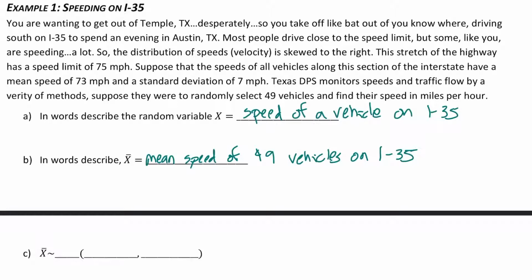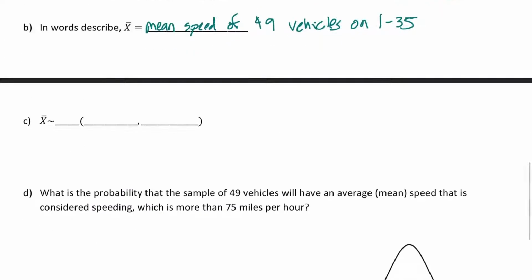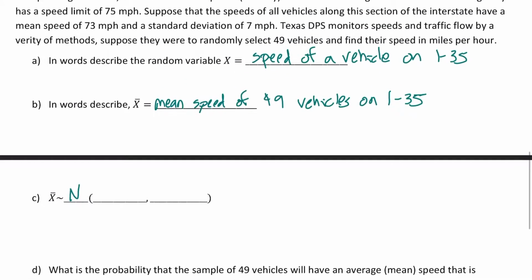It has to be at least 30. So I look for my sample size and it's 49. We can do this. That means that this distribution is normally distributed, so I'll abbreviate that with the capital N. Now this next blank is my mean. My mean is going to be the same as the mean of the population, so 73.